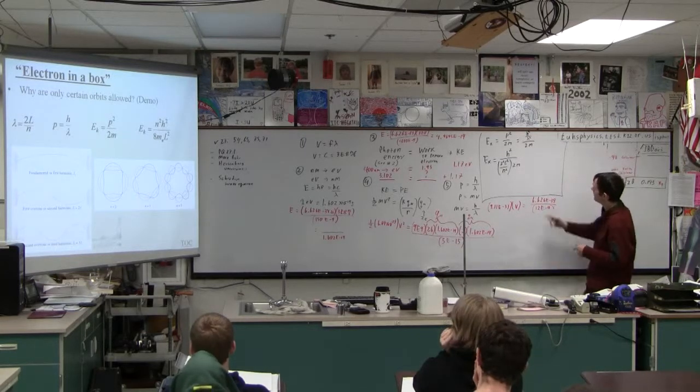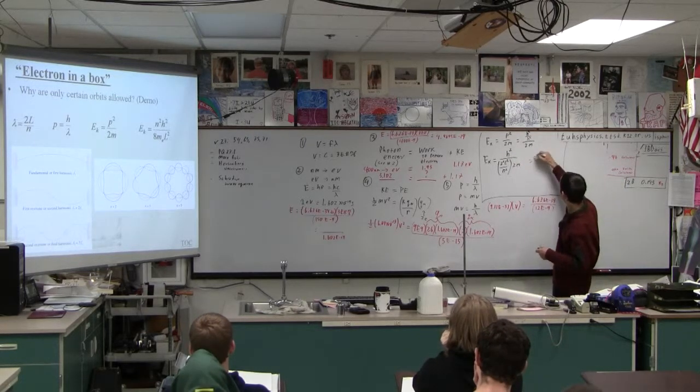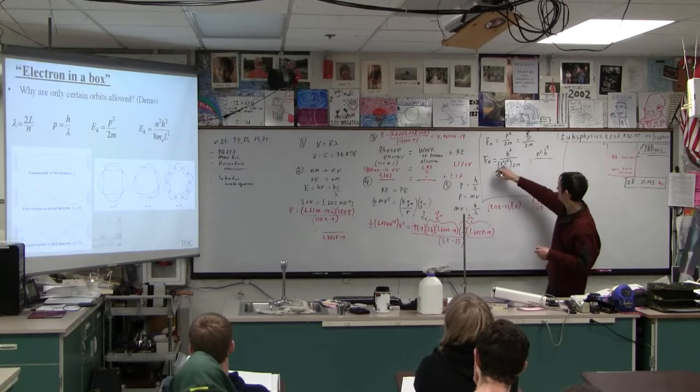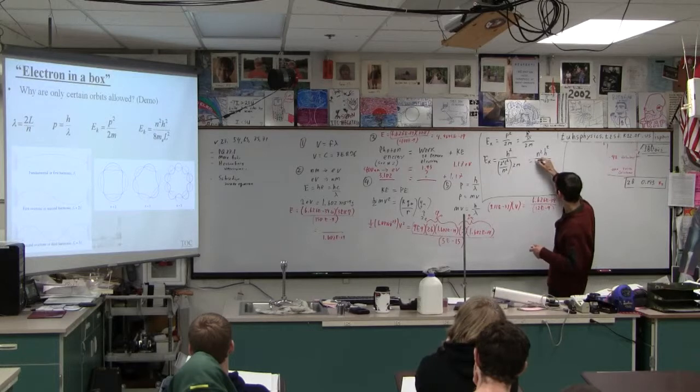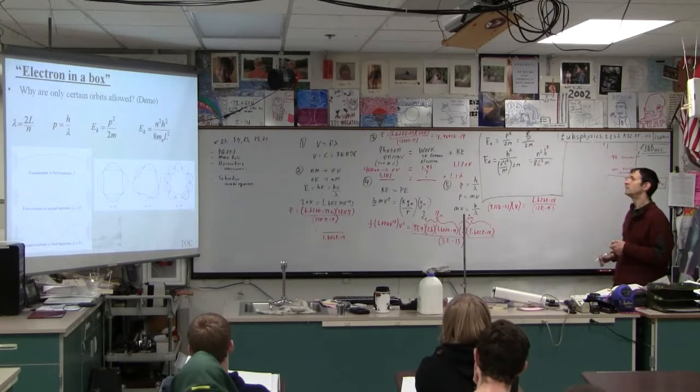It's not going to get pretty. Can't we put the n squared up there? So n squared h squared, and then you have 2 squared times 2 is 8, L squared m, and you end up with that.